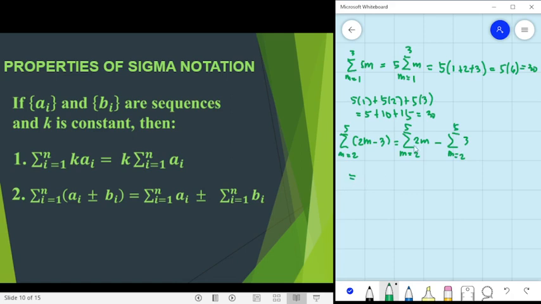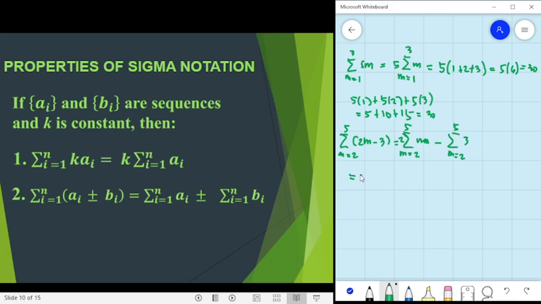Okay, and this will be equal to... we can also apply the first property here.